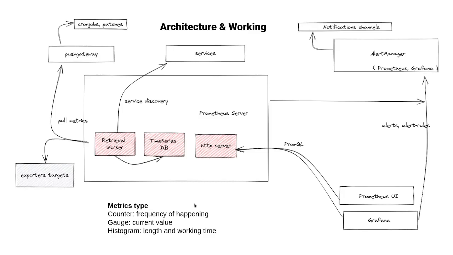Second, you can have better detection or insight of the services which are up and running, because the retrieval worker will ping or curl the data from the services, and if they are not up, you may know that the services are not running.